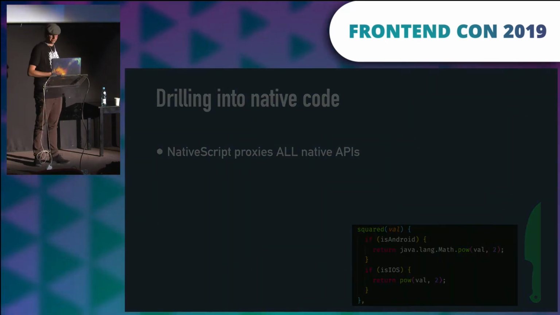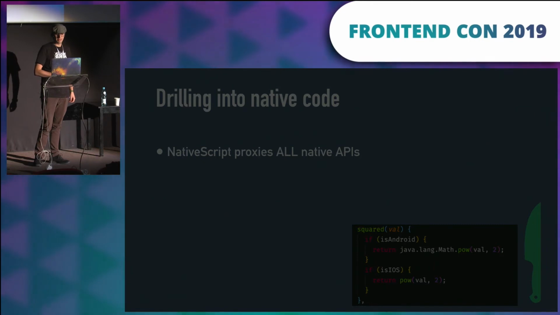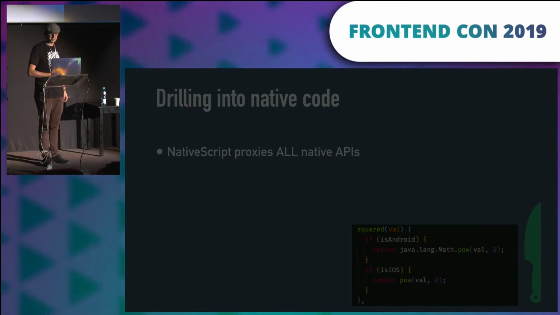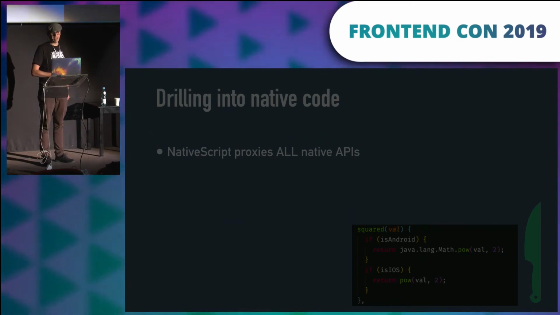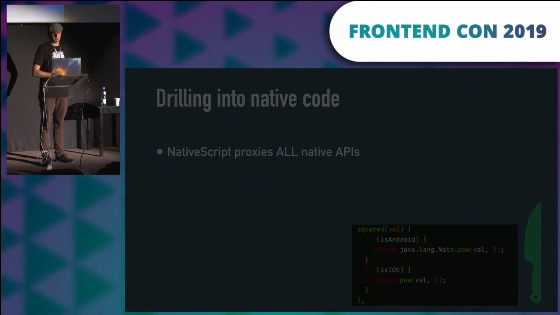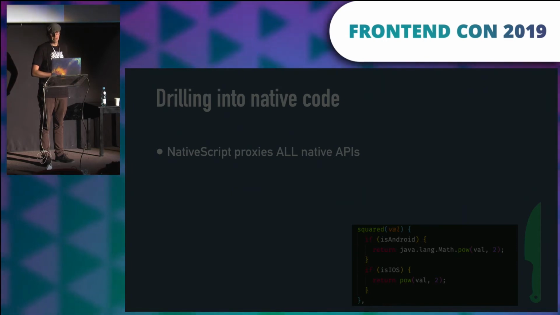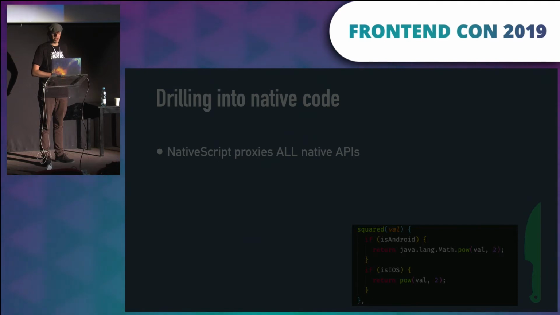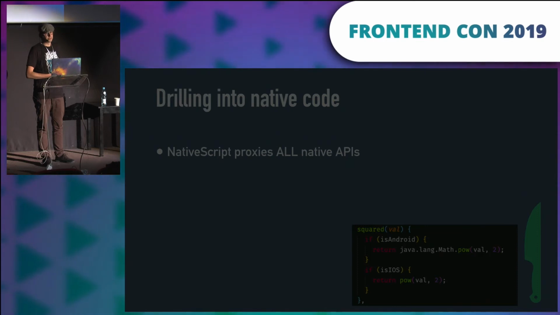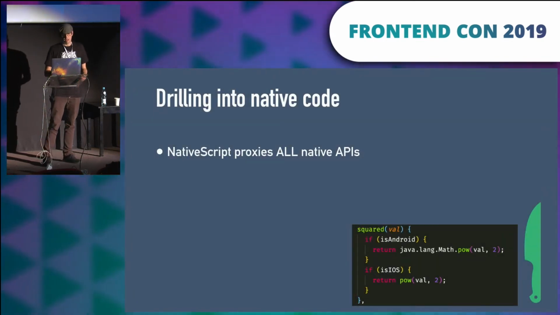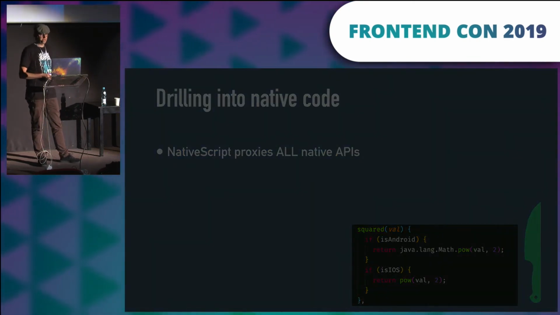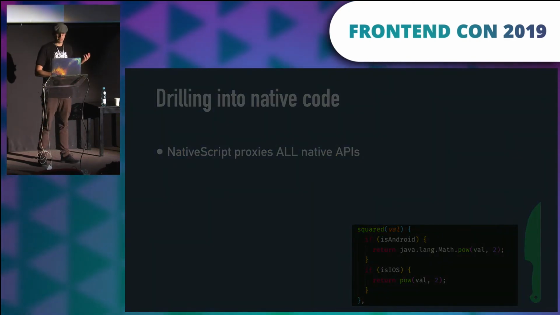So this is a JavaScript function to square a value, and if it's Android, I am calling the math function in Java, and I am passing the element. And for iOS, I am actually calling the C function to make the power.